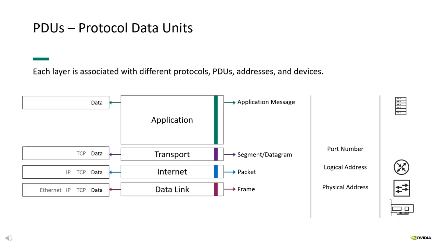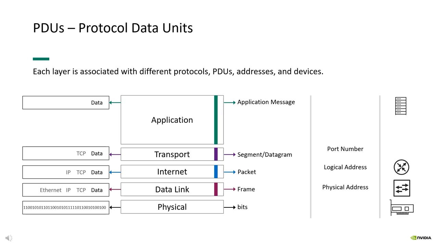Layer 2 PDUs are called frames. The most important values in the data link layer header are source and destination MAC addresses. Frames are forwarded in the local network by layer 2 devices called switches. The frame is then transferred to the physical layer, layer 1, and is converted into a stream of bits. The stream of bits is then placed on the network medium for transmission.